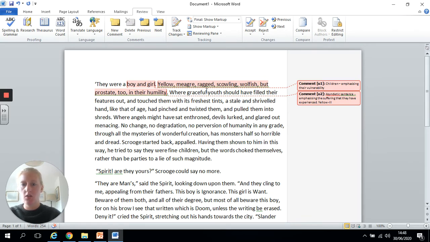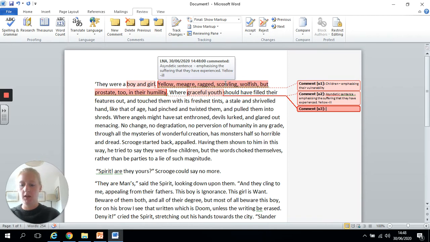We've got this stark contrast. They should have graceful youth, and yet this isn't the contrast of what they should be like as children. And this goes on. They should have fresh tints.